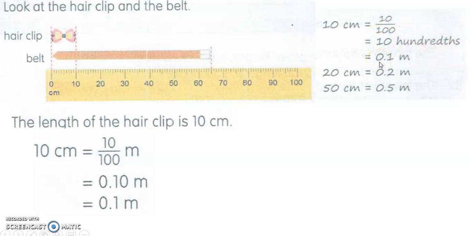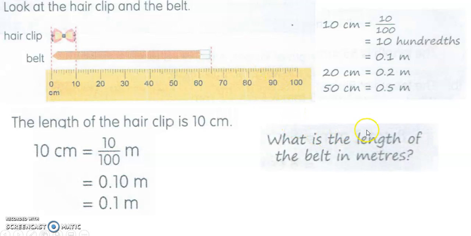It's also 0.1 meter. What about 20 centimeters? We just follow the same pattern. Because 10 centimeters is 0.1 meter, this means 20 centimeters equals 0.2 meters, and 50 centimeters equals 0.5 meters.